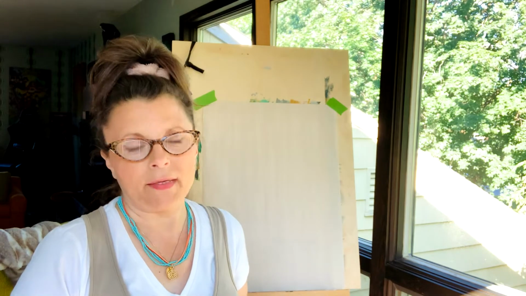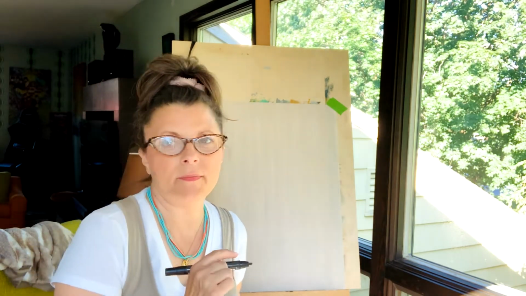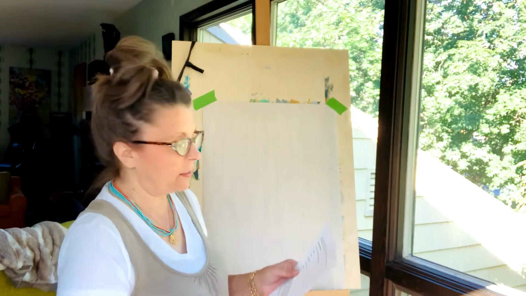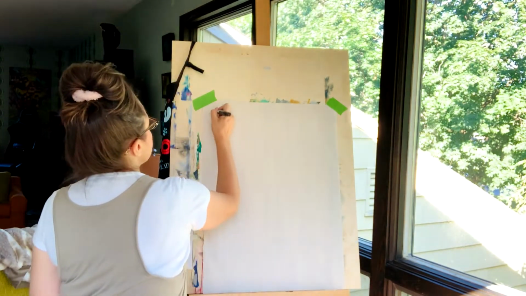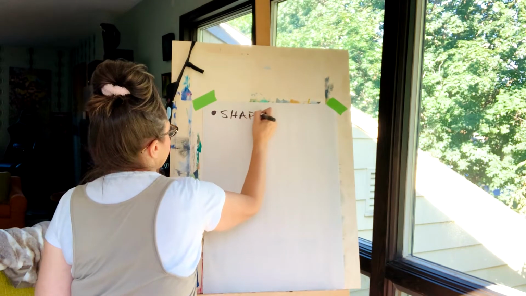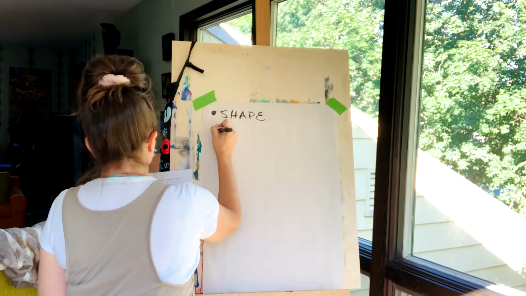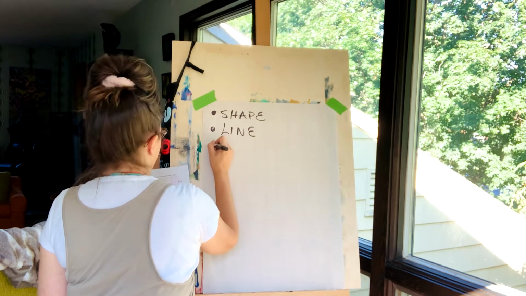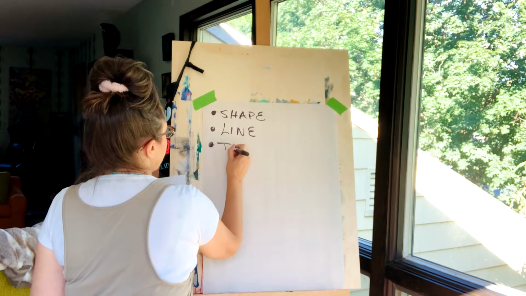So let's look at the basic elements of design, and I'm going to list them here for you. You can follow along in your handout if you like, or you can look at it later. Let's start with shape. Line. Texture.